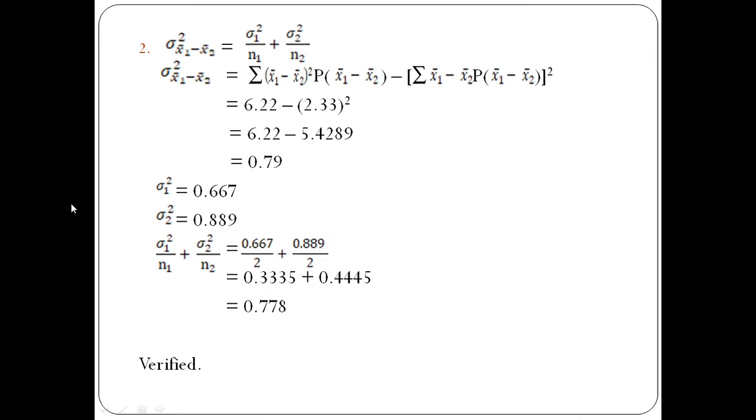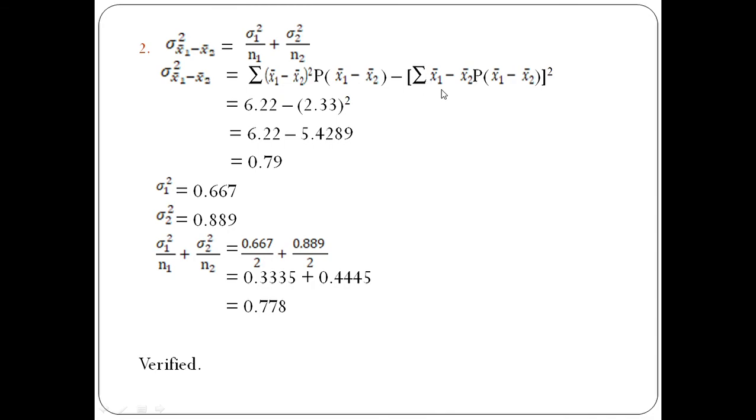Now for the second property: the variance of the sampling distribution is equal to sigma 1 square divided by n1 plus sigma 2 square divided by n2. First of all, for the left hand side, sigma square of differences is equal to summation of square of differences into P of differences minus the square of summation of differences into P of differences.